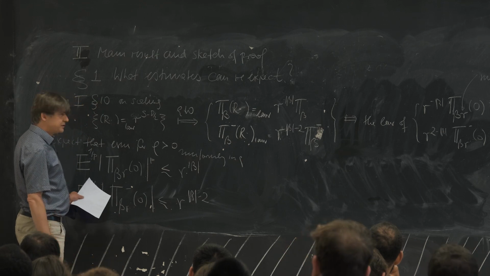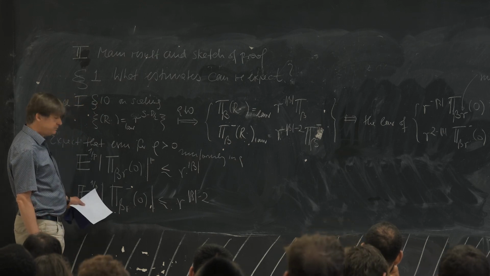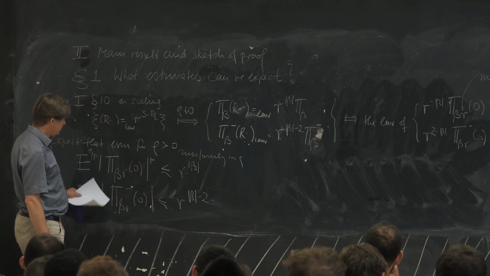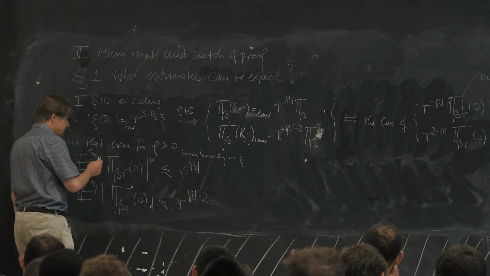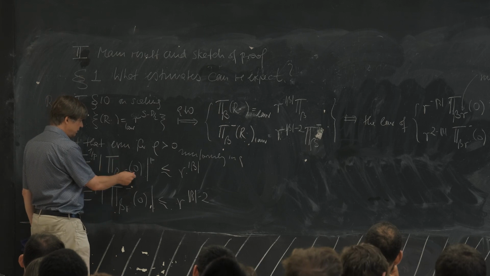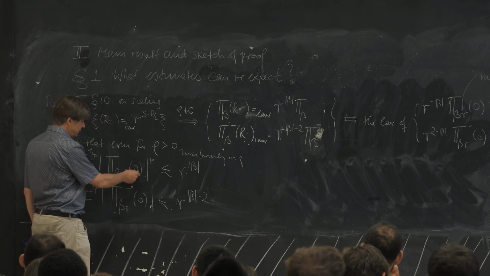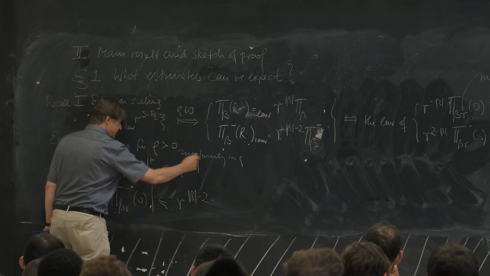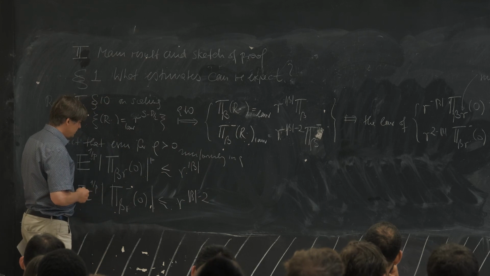So if you reconsider the statement of the main result, this is not quite the statement of the main result, because in the statement of the main result we were able to replace the origin, which is the base point of this model, by a general point x, and of course that had an effect on the right-hand side.